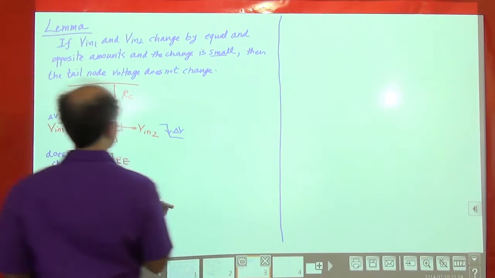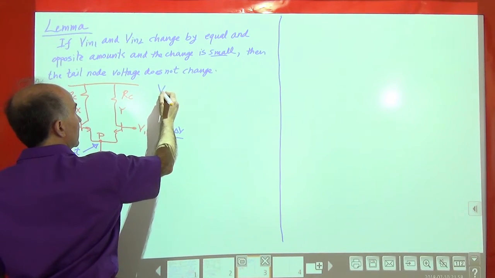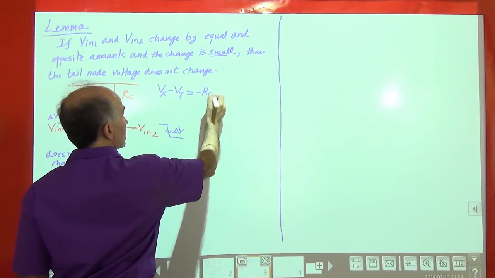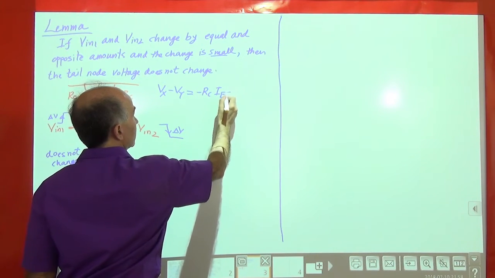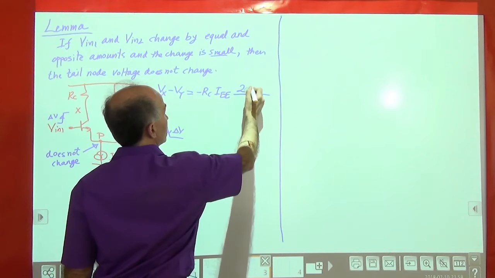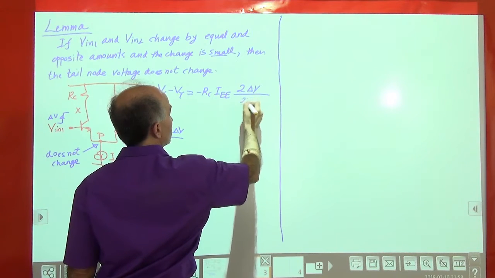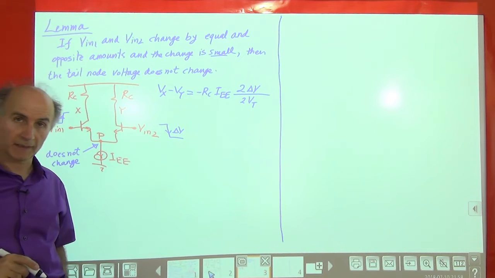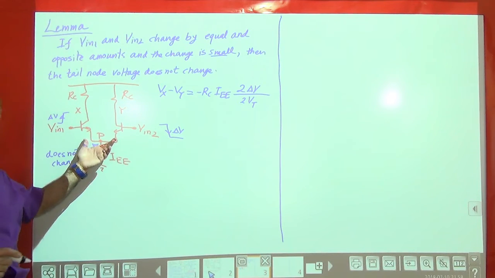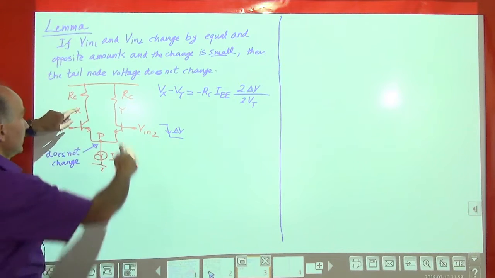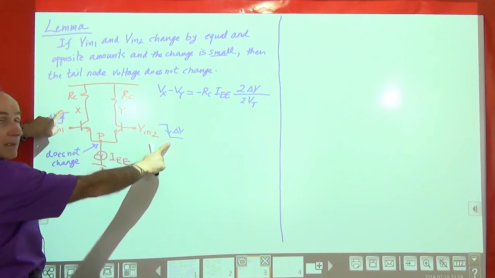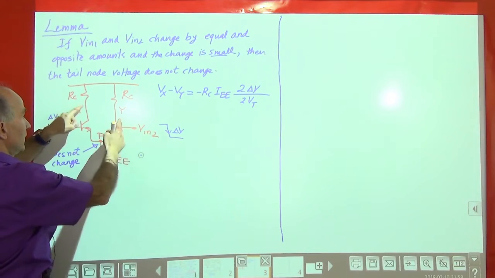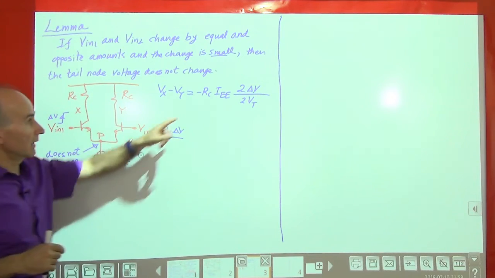What we know is that Vx minus Vy came out to be minus Rc IEE 2 delta V over 2 Vt. We have seen that this imbalance creates this much imbalance at the output. So this goes up, this goes the other way. There's an inversion involved.